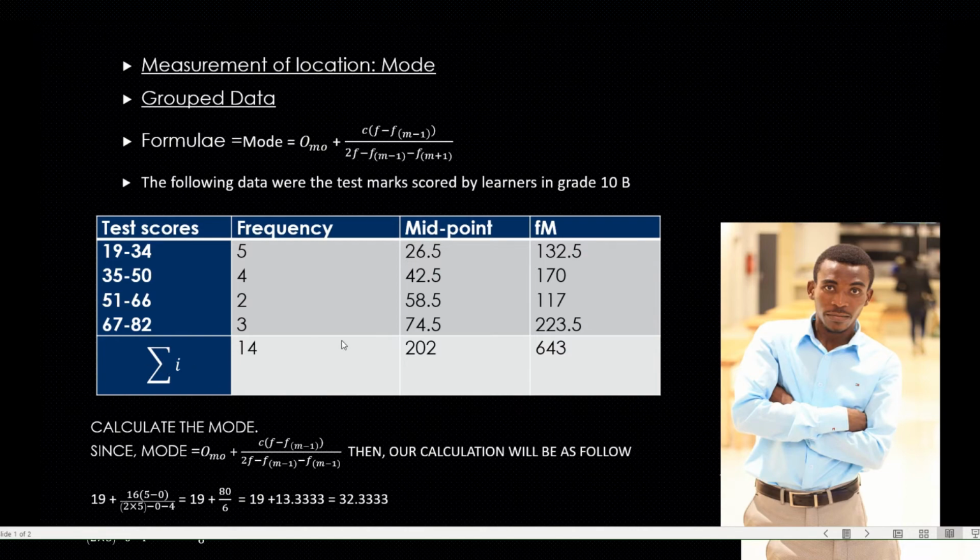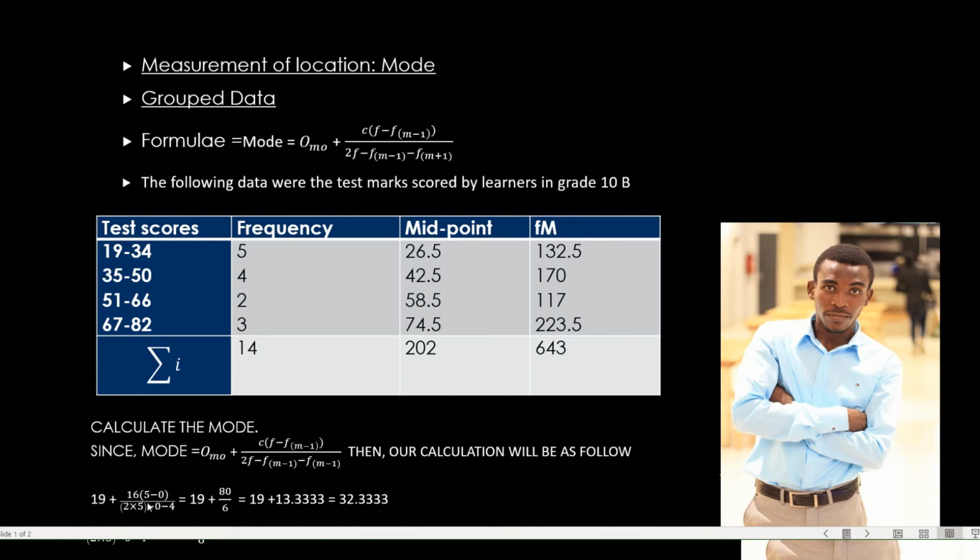Then we are going to multiply this 16 by the frequency of the modal class, which is 5, minus the frequency of the class preceding the modal class. Since we do not have any class preceding the modal class, it will be just 0 here.